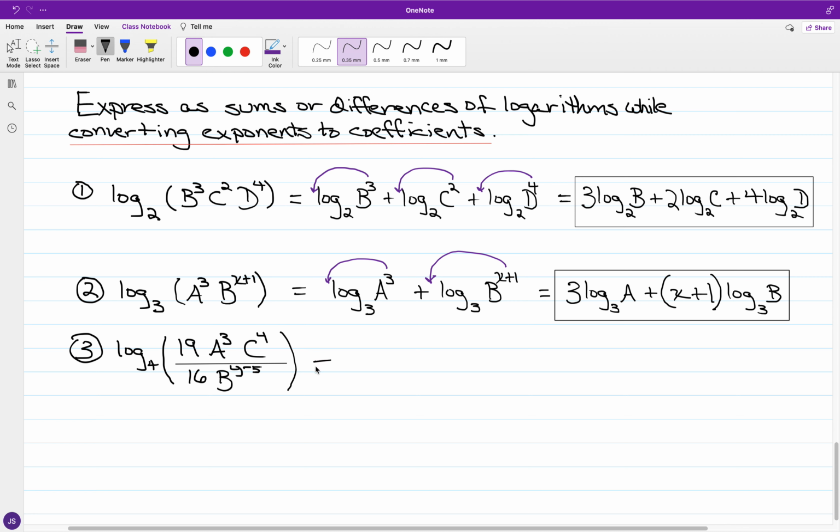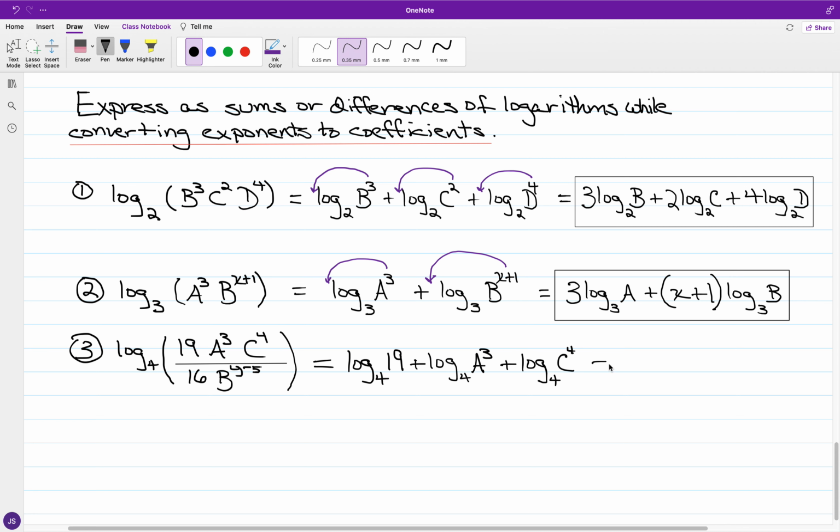Looking at expanding the base 4 logarithm, I got 19 at the front, and if I work solely with the factors in the numerator, starting out with 19, then next I have a to the third, plus the base 4 logarithm of c to the fourth.